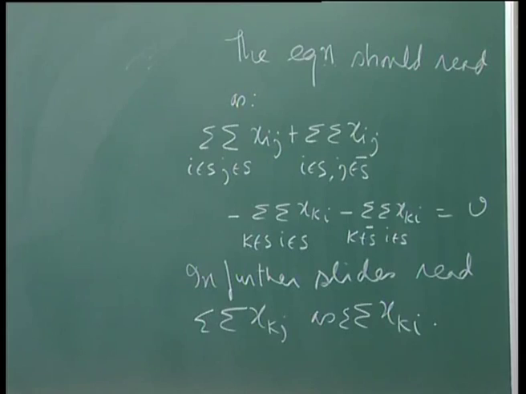So then I get this equation, and then of course, we further go on and analyze it, computing the net flow. By mistake in further slides also I have been writing double summation x k j, but actually it should continue to read as summation x k i. So the summation is over k and i.